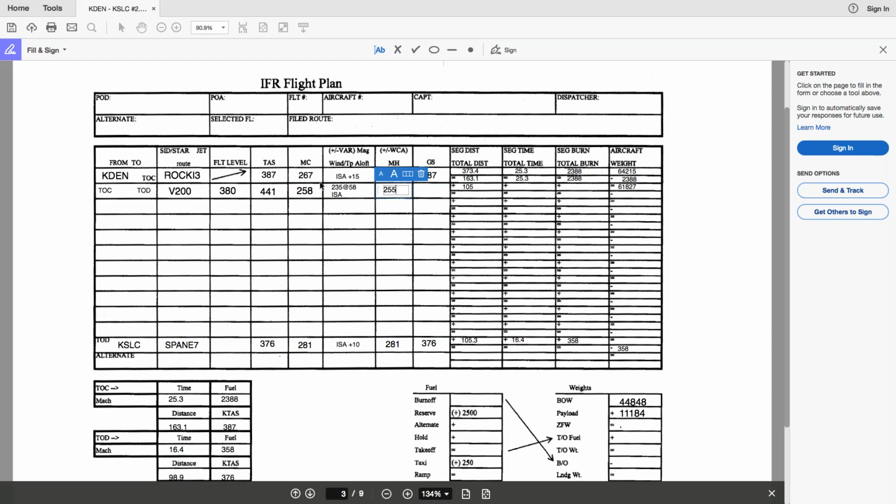So is true course the same thing as the magnetic course? Yes. Oh, okay, I got 255.